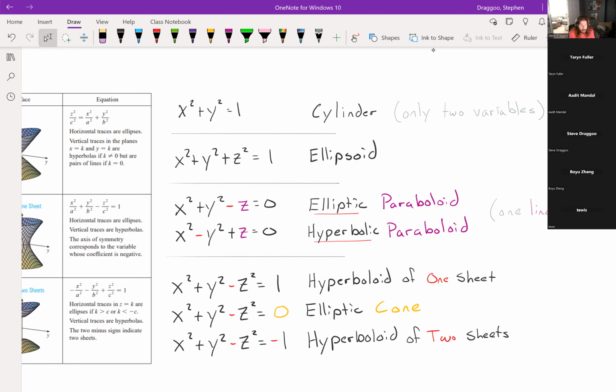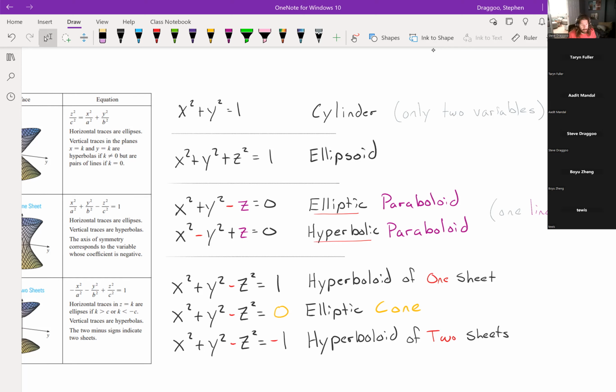So anytime we've got two square terms that have the same sign, we're going to be looking at an elliptic shape, something like a circle. Whereas when we have two square terms with opposite signs, we're looking at a hyperbolic shape of some sort. So that's the way that I generally remember which one's elliptic and which one's hyperbolic, is I just put it in terms of, okay, did the square terms have the same sign or did the square terms have opposite signs? Same sign looks like a circle, opposite signs looks hyperbolic.